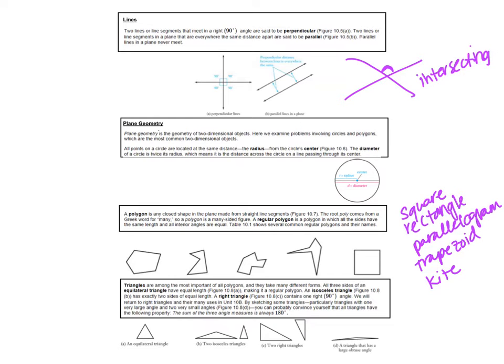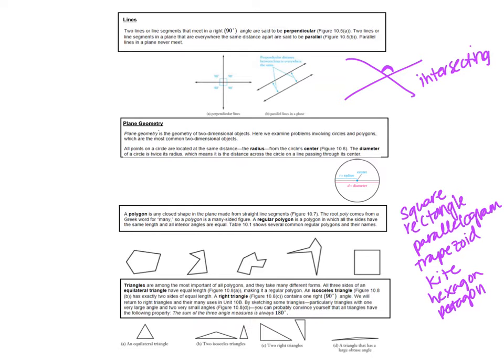That kind of looks like a diamond, if you're wondering what a kite is. You've got your hexagon. You've got your pentagon. So there are lots of specific ones that you might be familiar with. Octagon, heptagon, so many and so on.